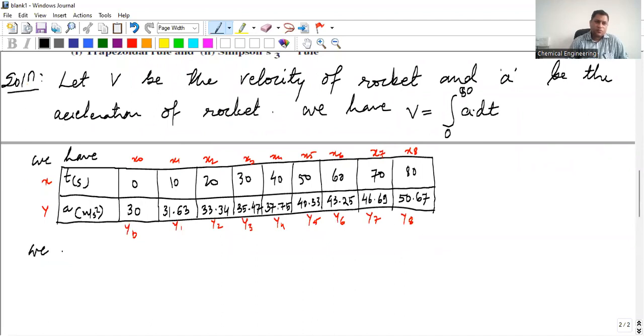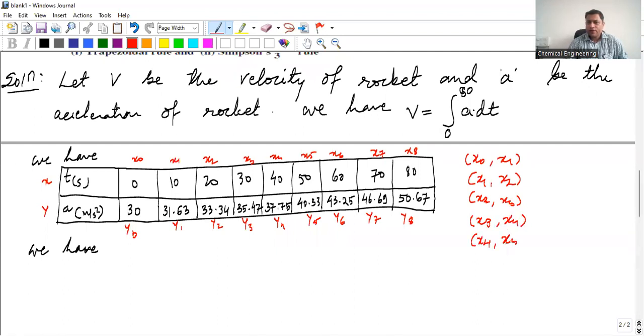Sir, actually, there are 9 values, right? Yes, we have 9 values. The subintervals are x0 to x1, x1 to x2, x2 to x3, x3 to x4, x4 to x5, x5 to x6, x6 to x7, and x7 to x8.